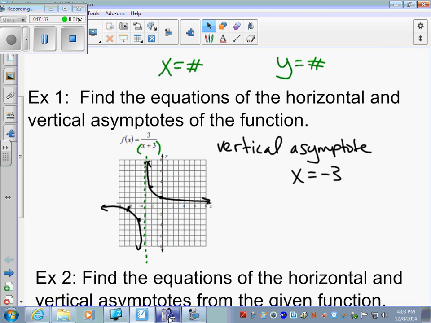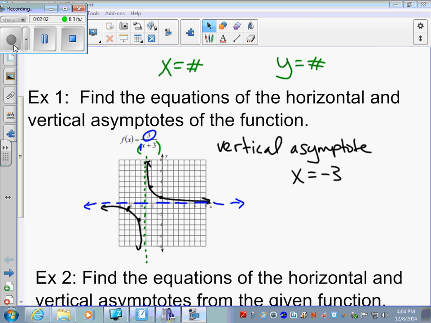To find the horizontal asymptotes, you can take a look at the graph. It looks like there's a horizontal asymptote cutting right through on the x-axis here.